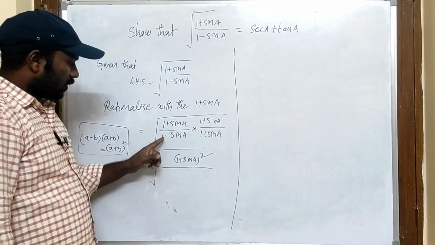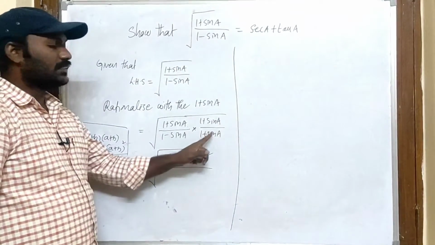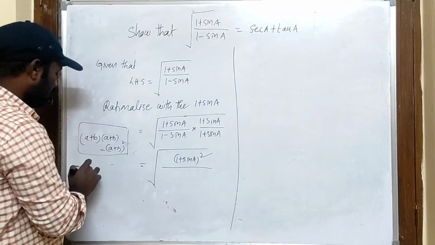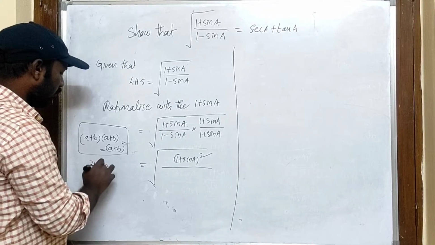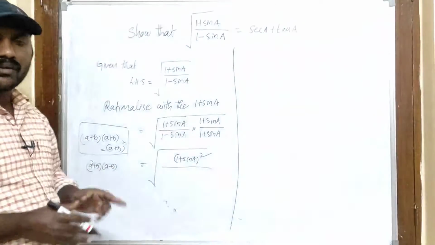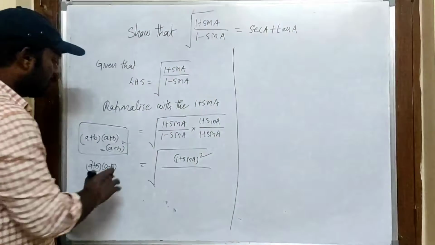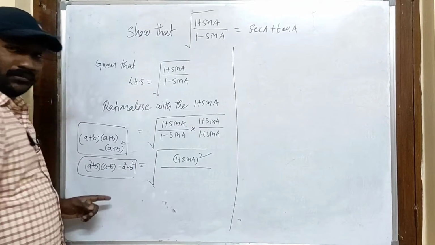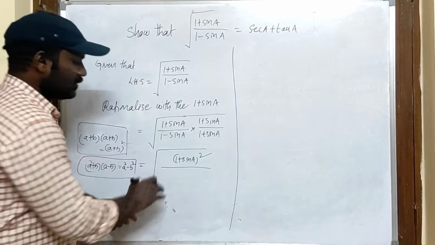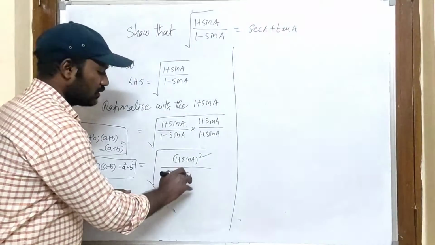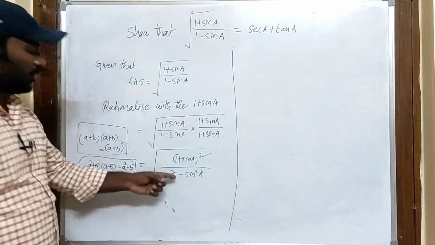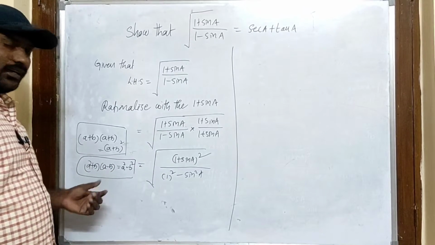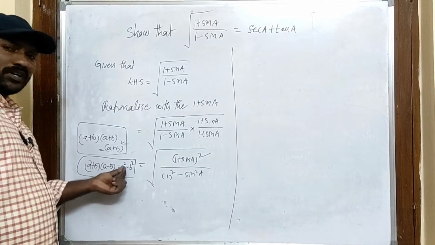Now, if we take the denominator, 1 minus sin A into 1 plus sin A, it is in the form of A plus B into A minus B. We know the formula: A plus B into A minus B is equal to A square minus B square.